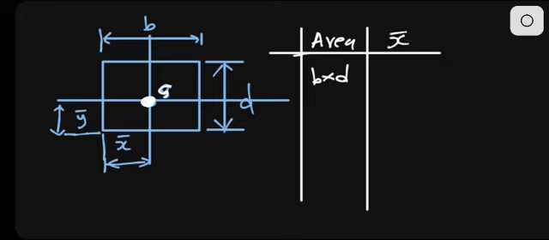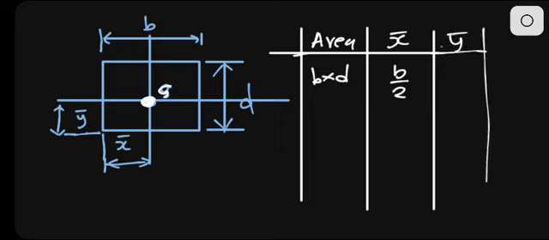X bar is the position of the centroid from the vertical, from here until there. It will be base divided by 2. What about y bar? Y bar is the depth divided by 2.